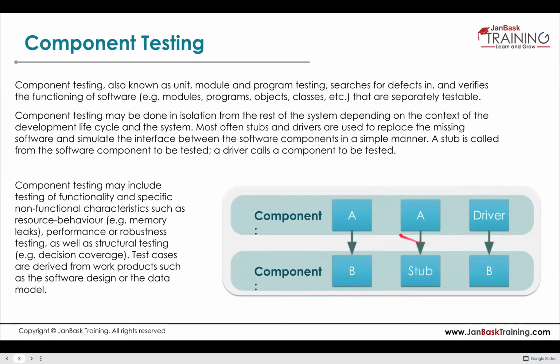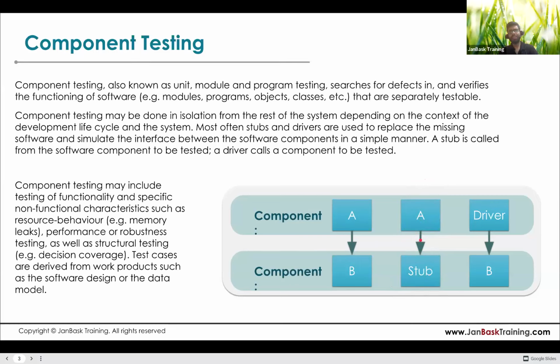Now when the opposite is true, we call the lower level module a stub. Suppose we have the higher level module, but the lower level module is not present. In that case, we will use the lower level software or module as a stub.